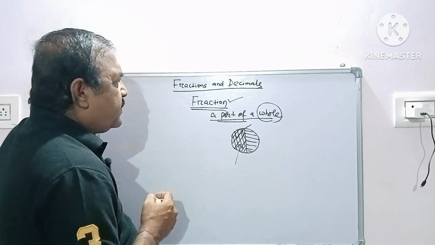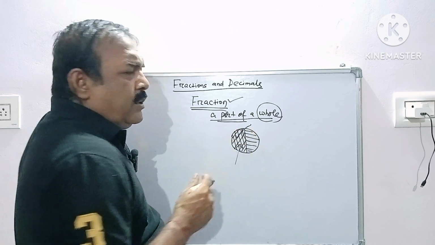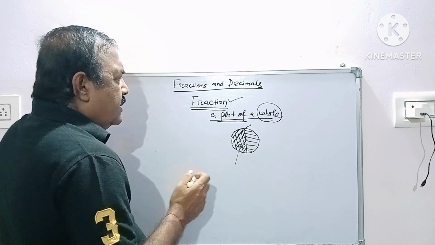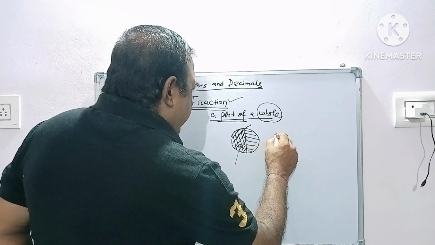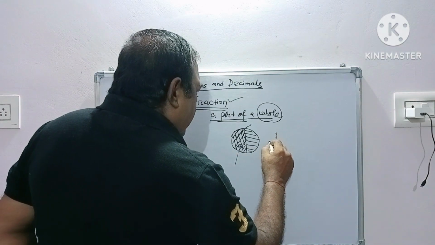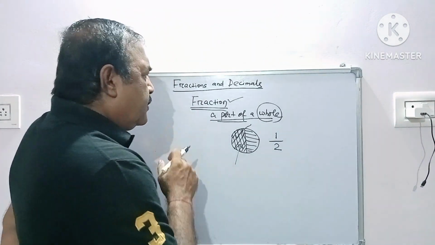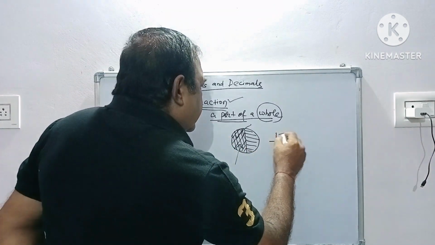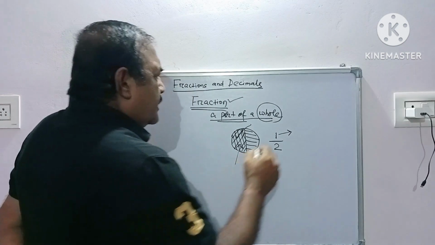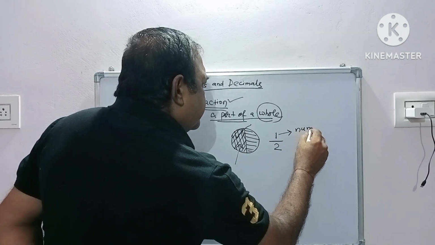When you represent a fraction, suppose I write here 1 divided by 2, or it is called 1 upon 2, this is called the numerator.